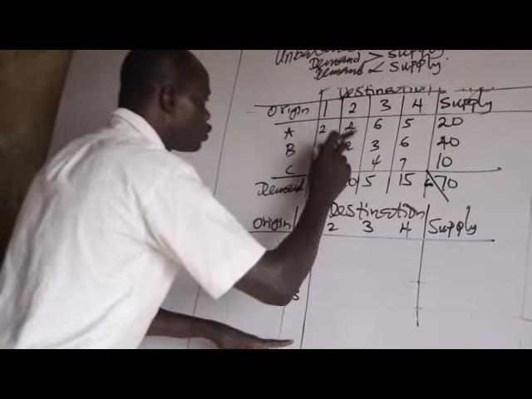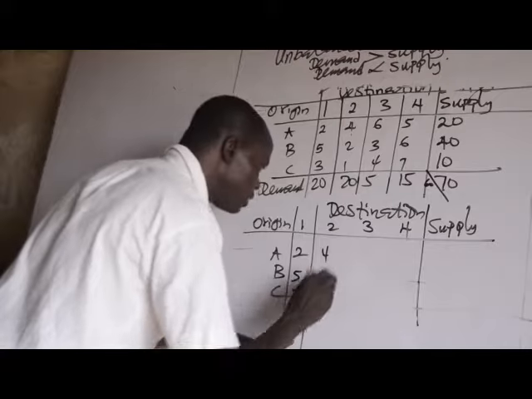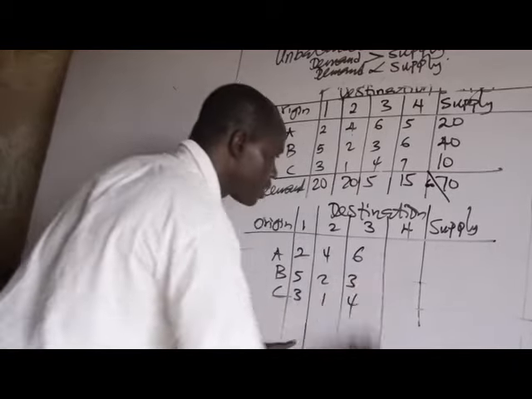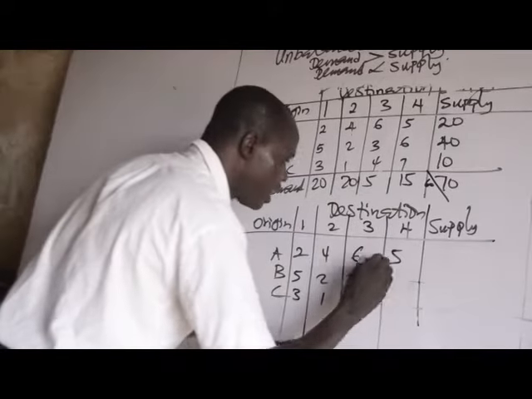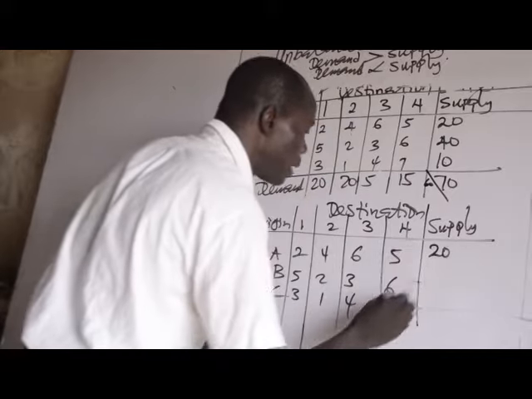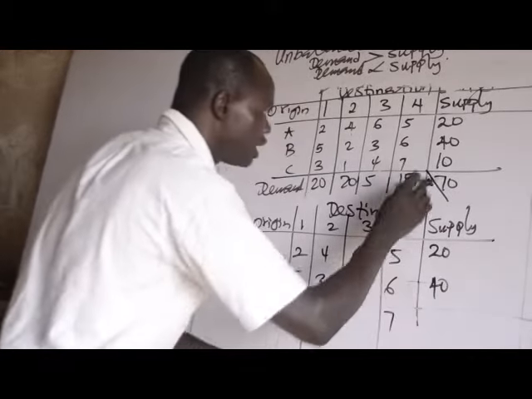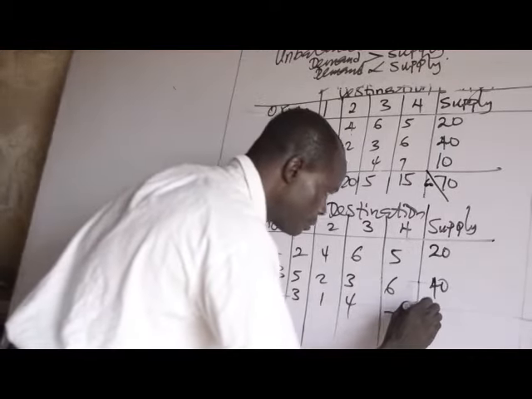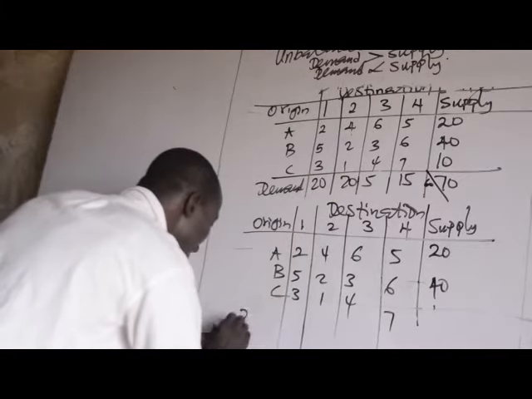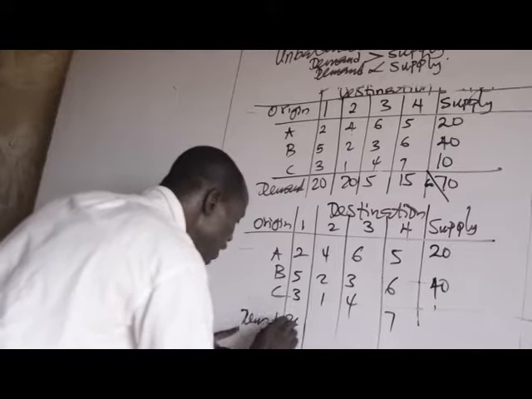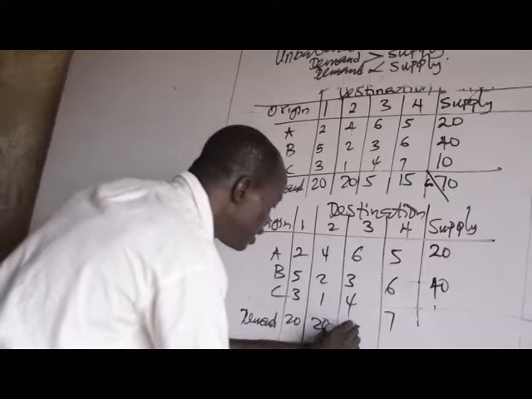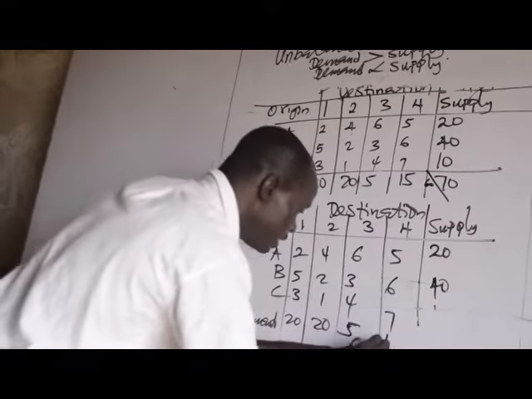Here you have 4, 2, 1. Here you have 6, 3, 4. Here you have 5, 6, 7. Here you have 20 as our supply. Here you have 40. Here you have 10. For our demand, we have 20, 20, 5. Then we also have 15.